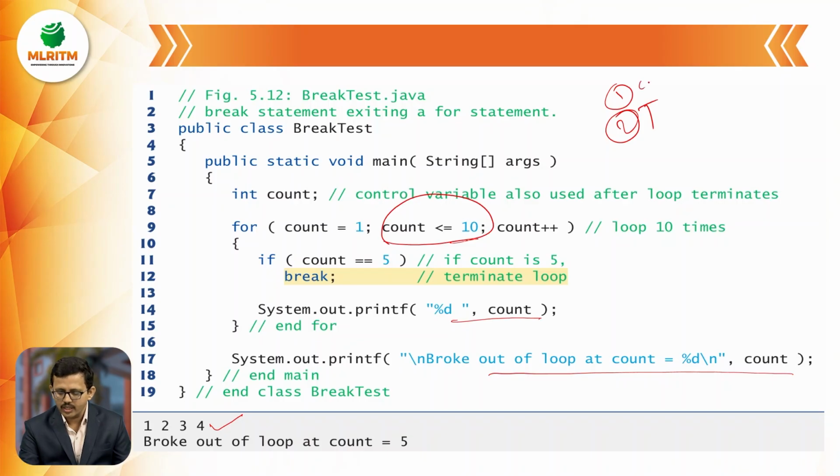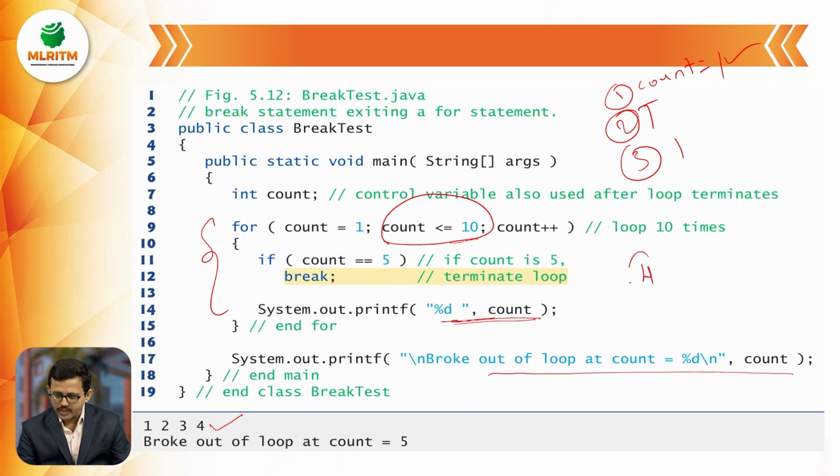So it goes to the body. The body is: if count equal to 5. Is it equal to 5? No, it is only 1. So it prints %d count. So 1 is printed. That is the third step.